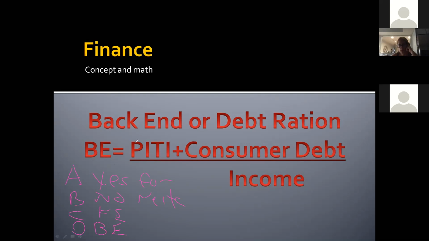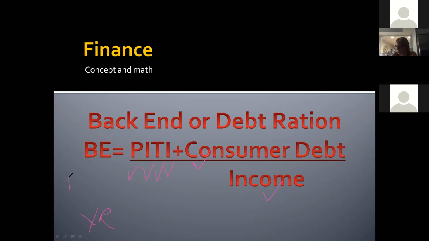Now, on the question, they're going to give you much of this information, potentially. They may make you calculate it. One of the things that's very important to remember is that everything has to be in consistent units. So if you're doing principal by month, then interest has got to be by month, taxes have got to be by month, insurance has got to be by month, consumer debt has got to be by the month, and income has got to be by the month. They may give you the income by the year.